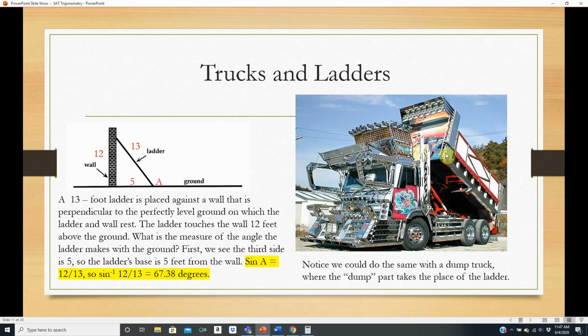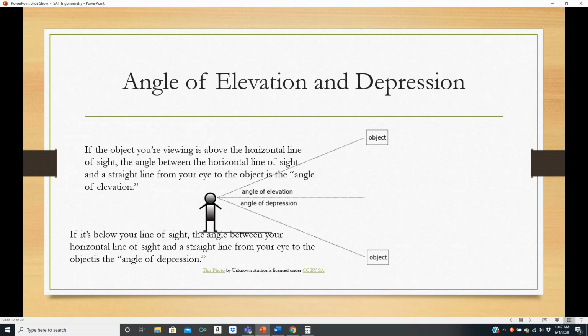The length of the bed is 13 feet. What is the angle that the dump part makes with the flatbed of the truck? And you could figure it out the same way we did and reach 67.38 degrees. Angle of elevation and depression.